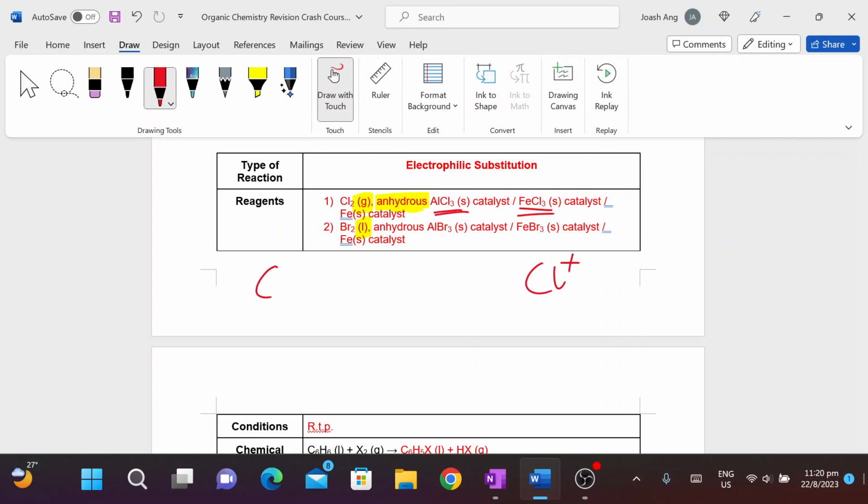And how you do that is that the Cl-Cl bond pair will be donated to the Lewis acid, which is aluminum chloride.